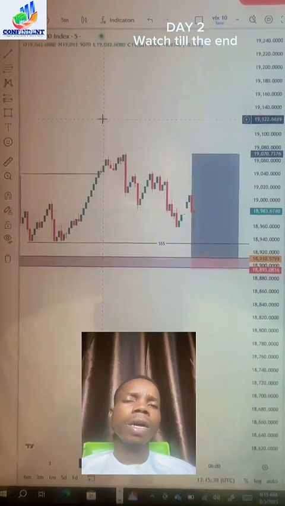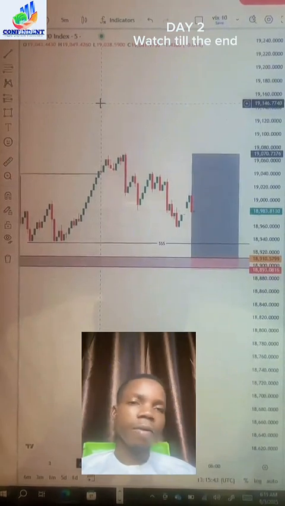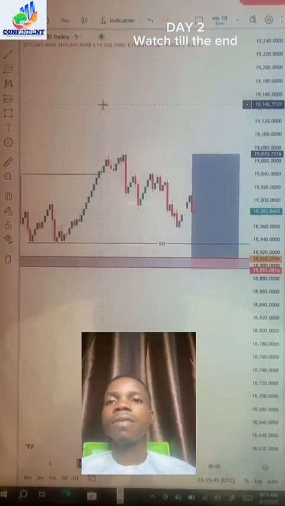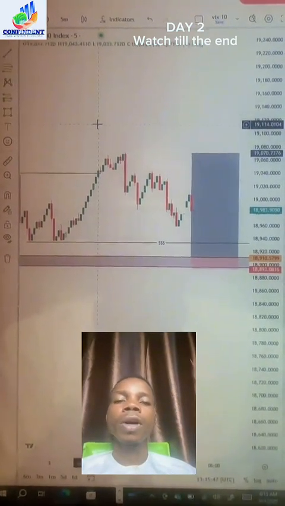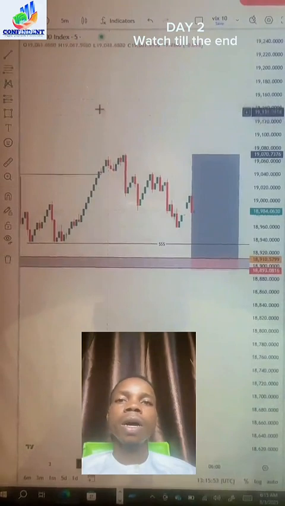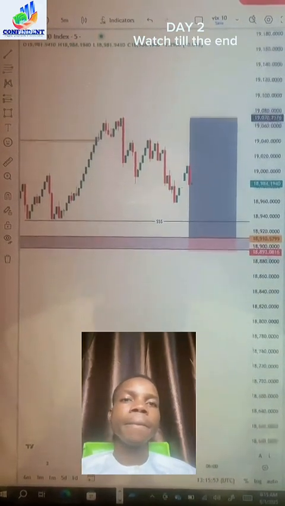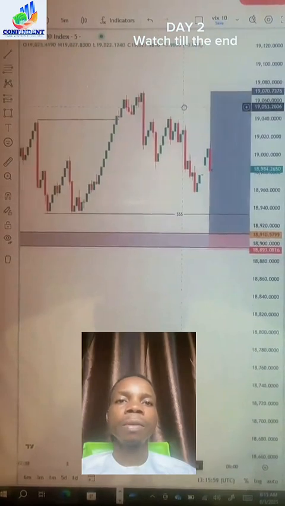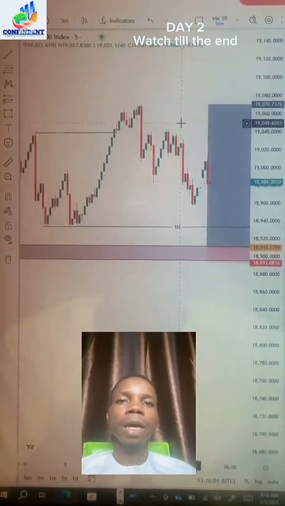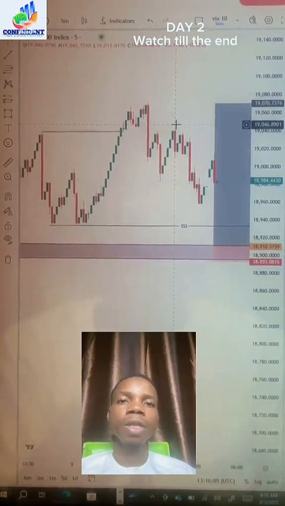The engulfing bar candlestick pattern is divided into two: the bearish and the bullish engulfing bar. We are going to talk about the bearish engulfing bar today, and in the next video, we are going to talk about the bullish engulfing bar.